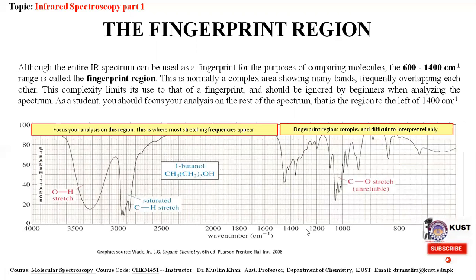The fingerprint region is complex and extremely difficult to interpret reliably. You should focus on the region where most stretching frequencies occur, like the OH and the saturated carbon-hydrogen.